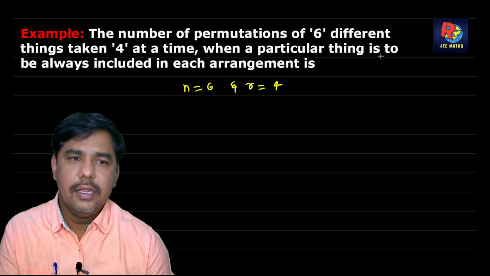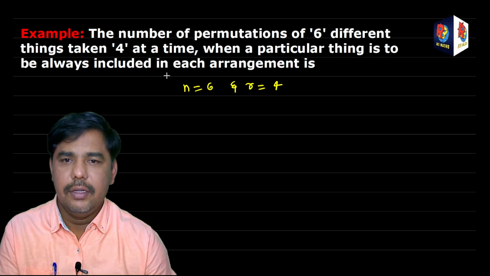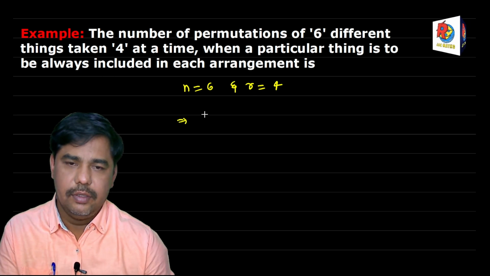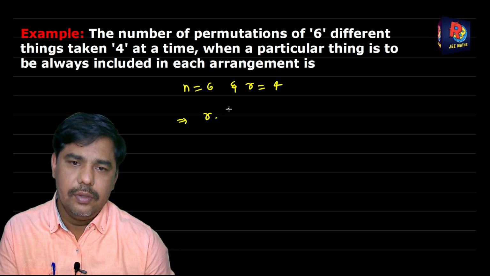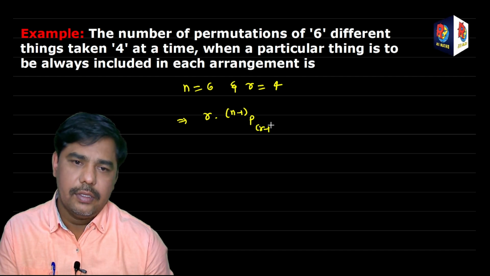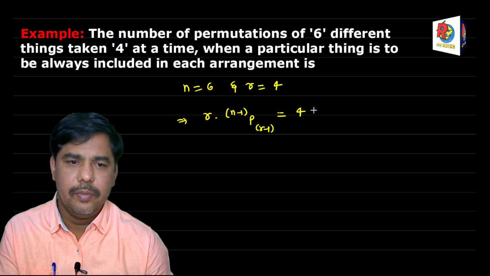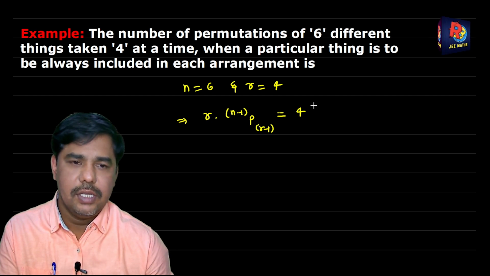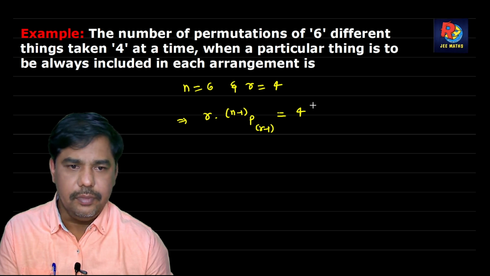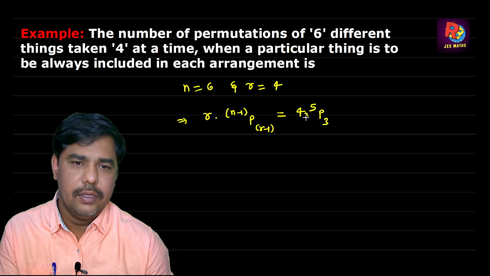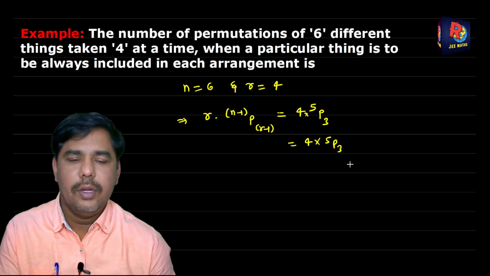So when a particular thing is to be always included in each arrangement, if you apply the formula, it will be r into n minus 1 P r minus 1. r value is 4 now, so 4 into n minus 1, 6 minus 1, it will be 5, and r minus 1, 4 minus 1, it will be 3. So 4 into 5P3 is the answer.